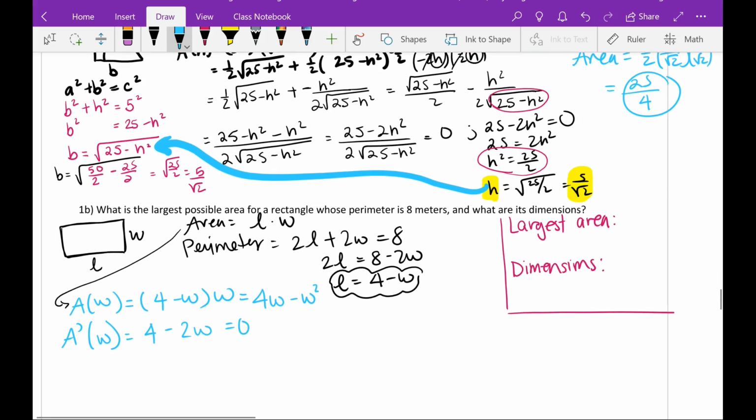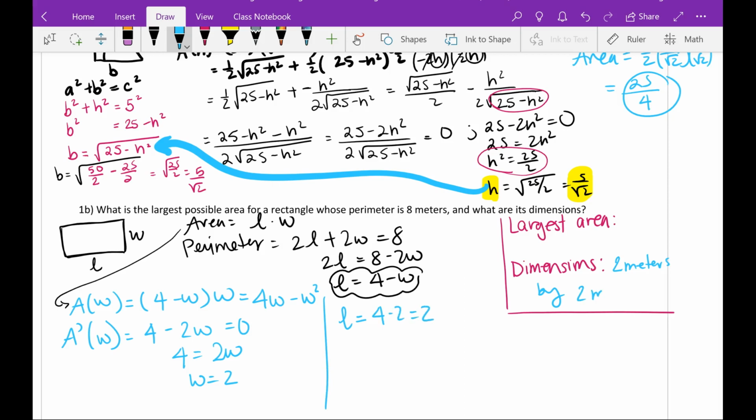All right, so we are going to solve for it. So we're going to go 4 equals 2W, and W equals 2 meters. So I have my W. Dimensions are 2 meters by, let's solve for L. So L is 4 minus 2 equals 2.